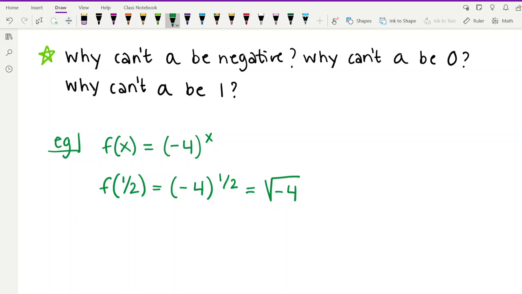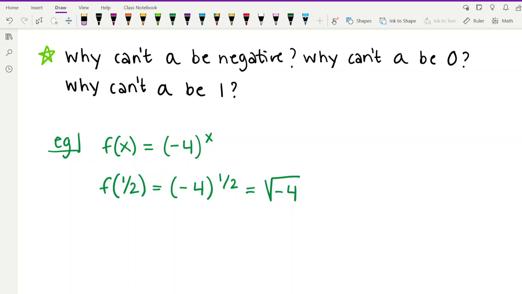Now, we've learned how to express the square root of negative 4. That would be 2i. However, that's not a real number. Unless we're specifically focusing on complex numbers, for like 99% of this class we're only dealing with real numbers.